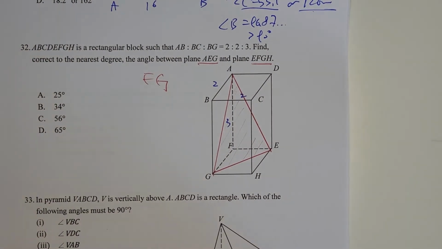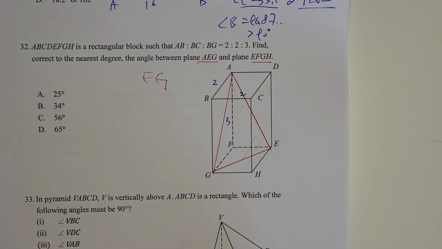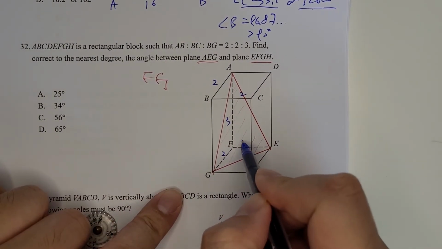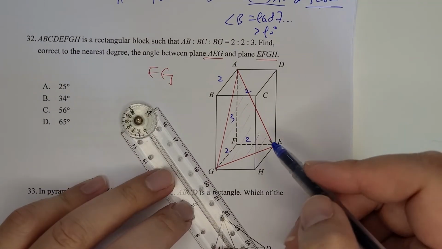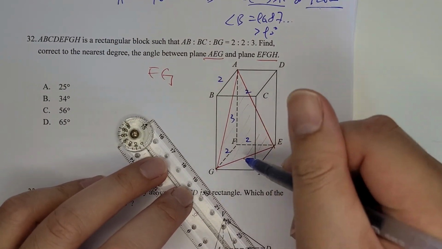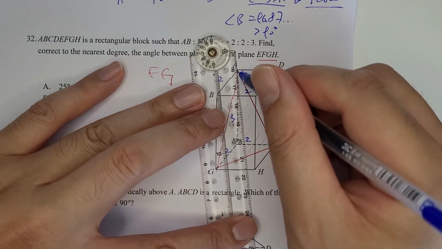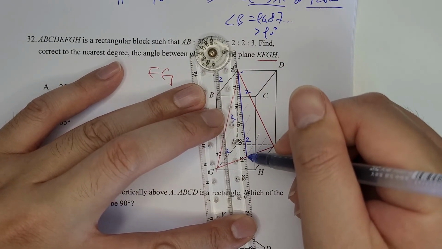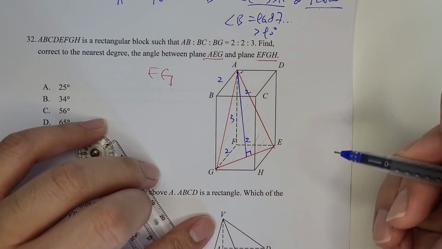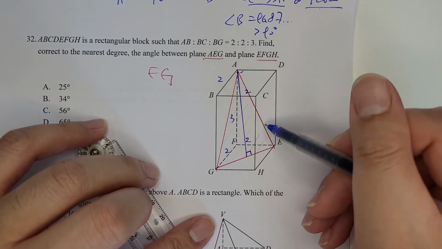After you find the common line is EG, then on each plane you draw the perpendicular line. Okay, let me transfer those lines here. From this one, you draw this line. Okay, these two lines are the same.